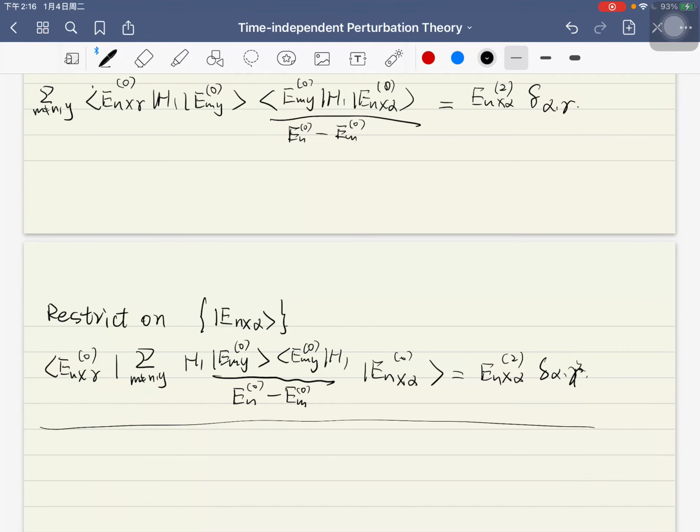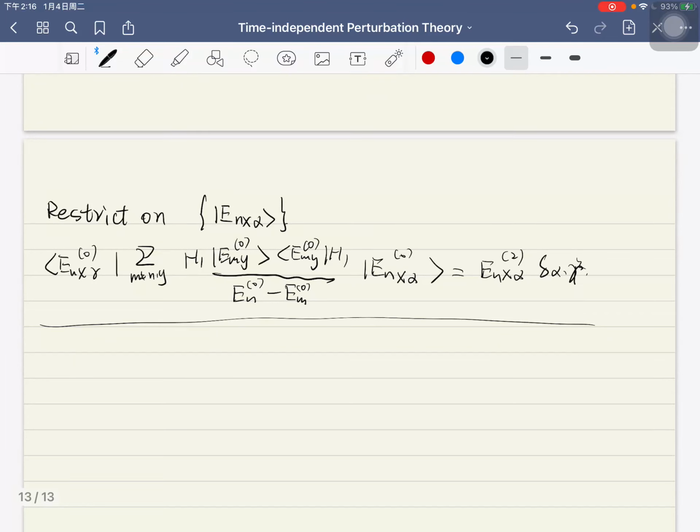We find this is the equation of an eigenvalue problem.